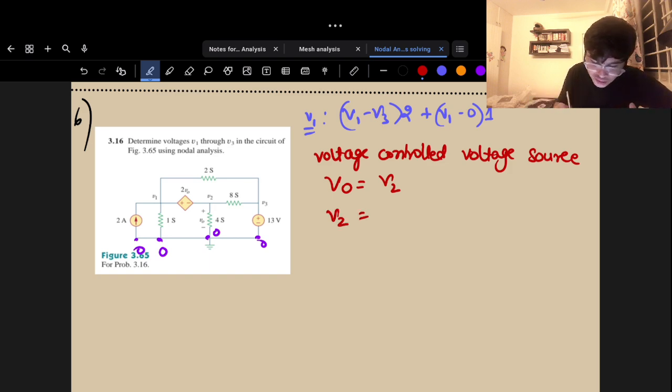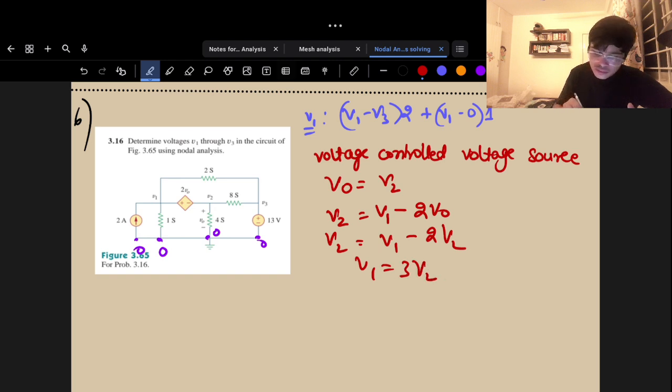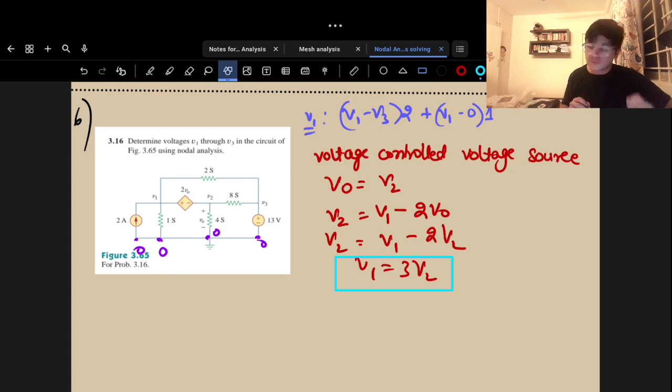V2 is equal to V1 minus 2 V naught. V2 is equal to V1 minus 2 V2, and V1 is equal to 3 V2. One equation. Okay.